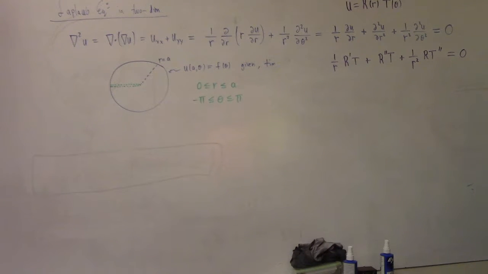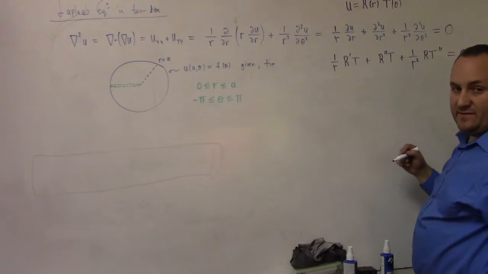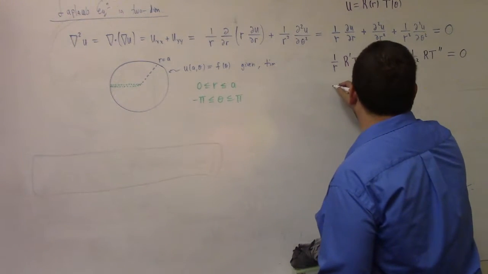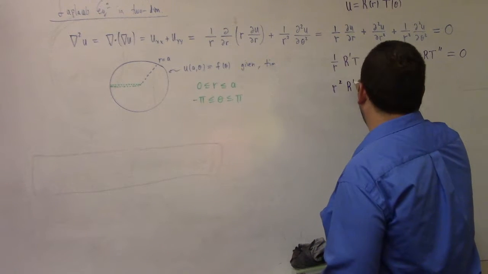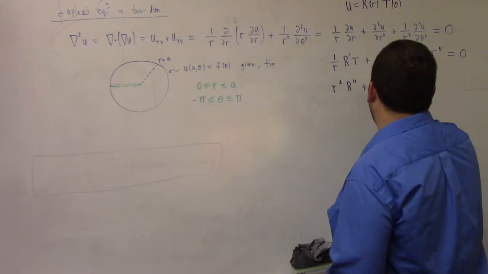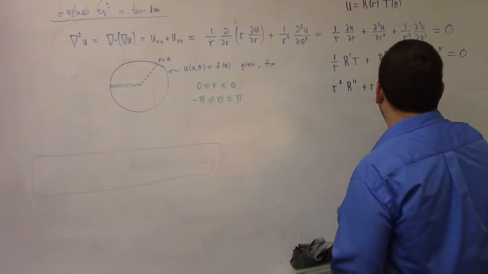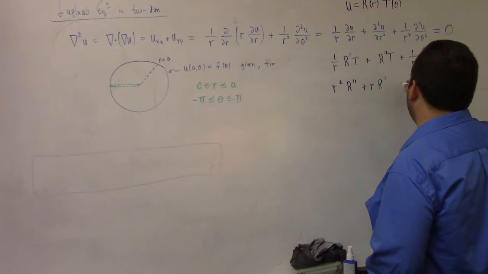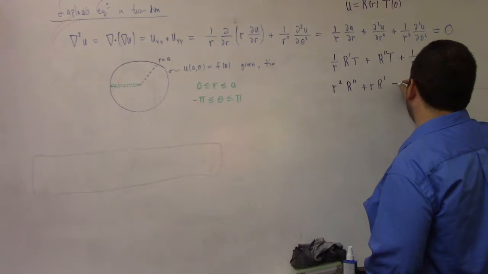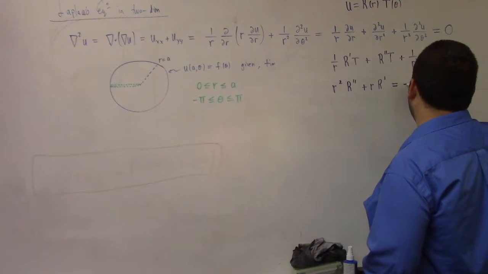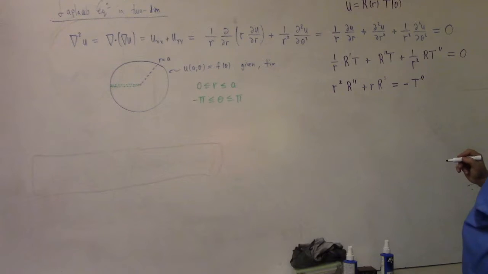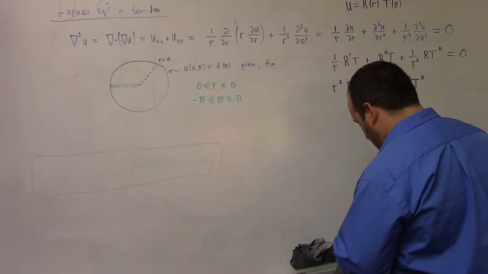So multiply this by r squared. We get r squared R prime prime plus r R prime equals minus T prime prime.